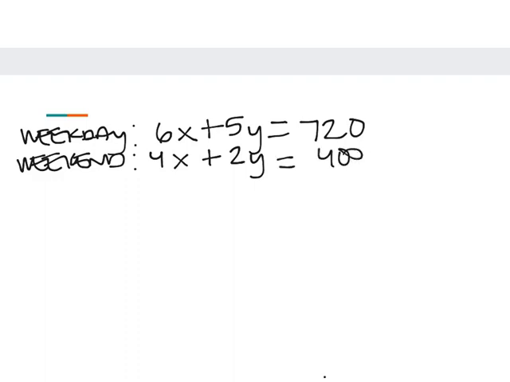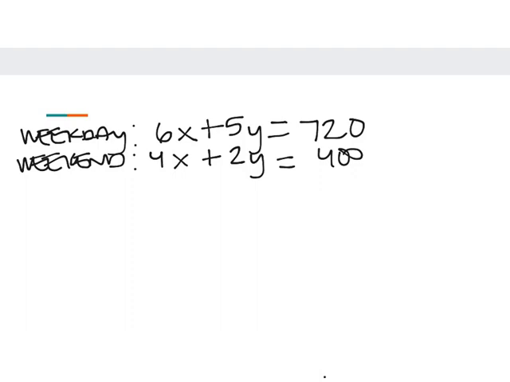So now, we just got done learning 3 different methods for solving systems of equations. The reason I know I have a system of equations is because I have 2 equations here, and they both have x and y variables. We can use substitution, elimination, or graphing.